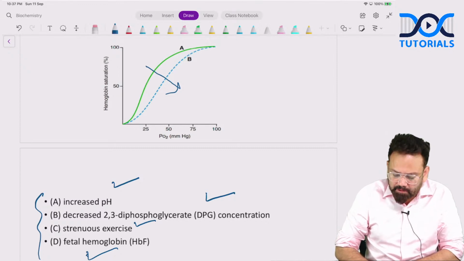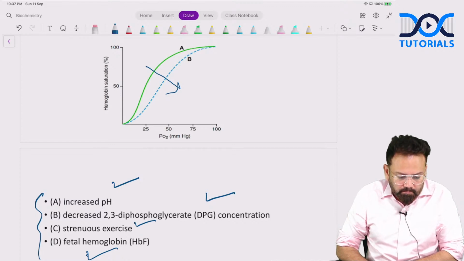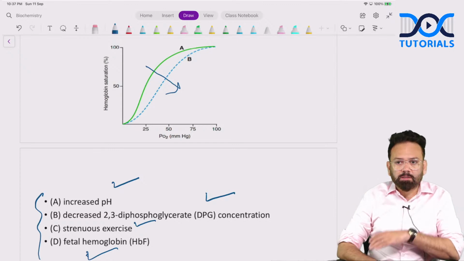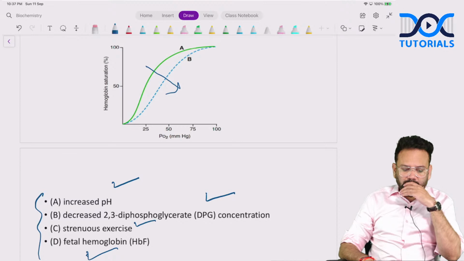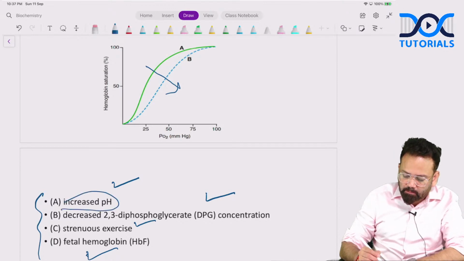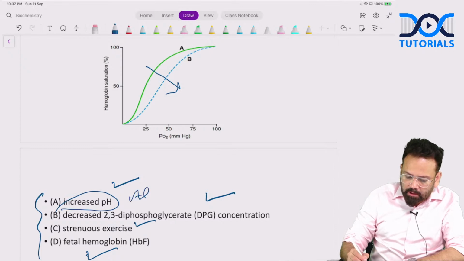Alkalosis causes left shift. What is the answer? A is alkalosis, my dear. Alkalosis will cause left shift. And this is right shift.